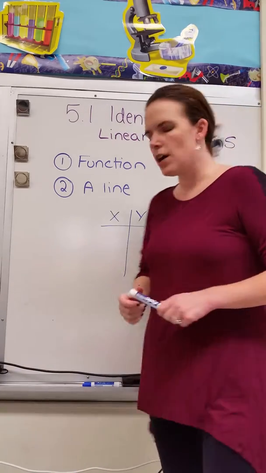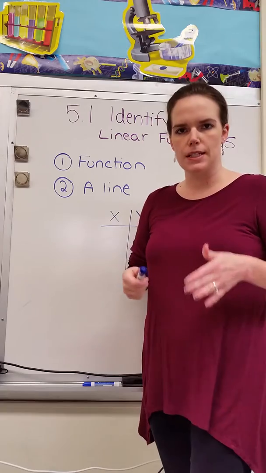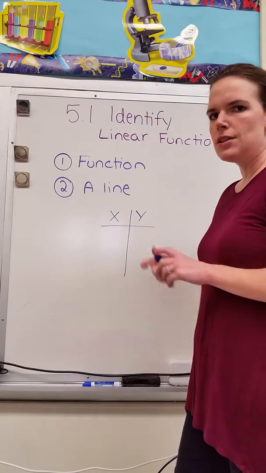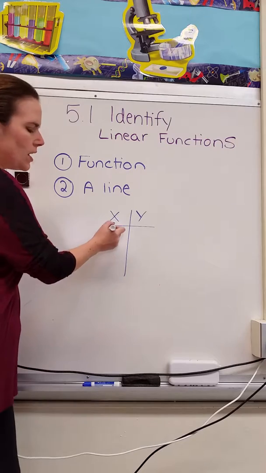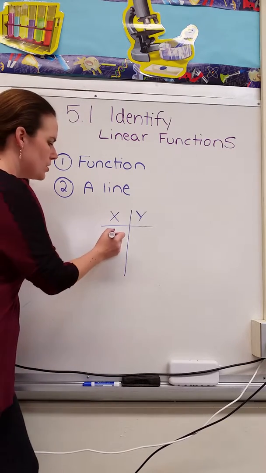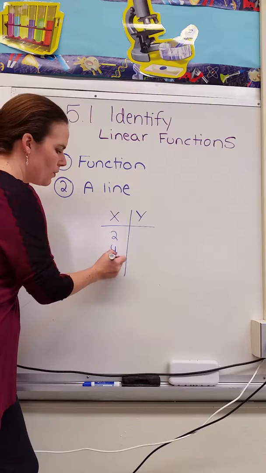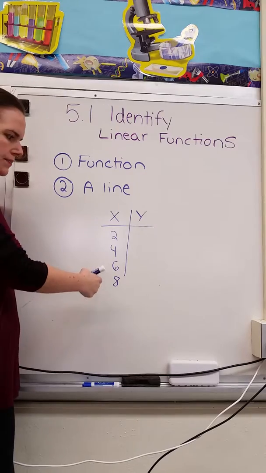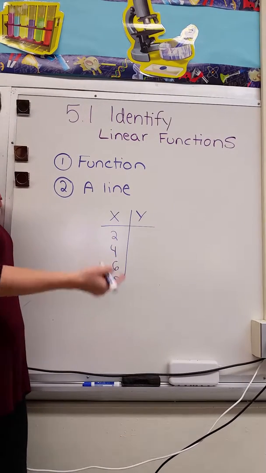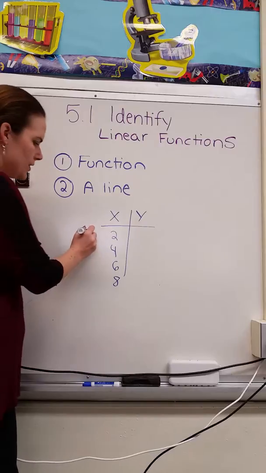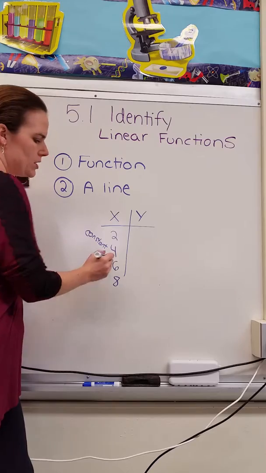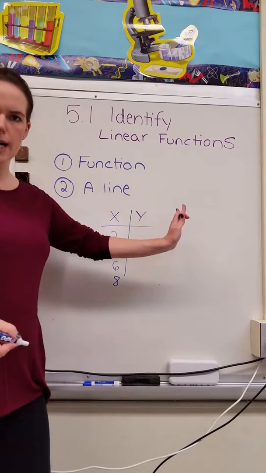The other way that they talk about in the section for determining if something's a linear function is if you have this XY table and you see in the X column, so I'll go over here, this constant rate of change. So you have 2, 4, 6, 8. If these X's are increasing or decreasing by a steady number, if there's a constant rate of change, so in this case you're adding 2, then you look over at your Y column.